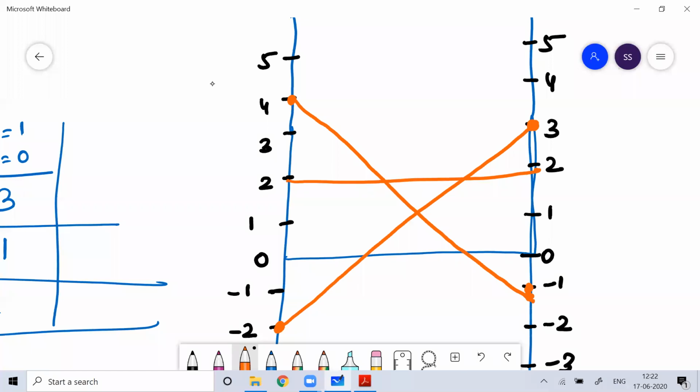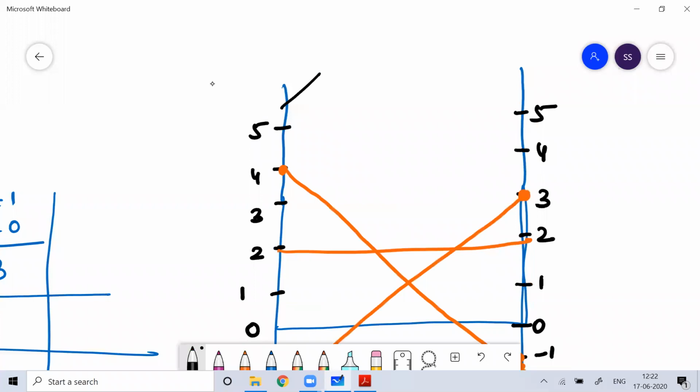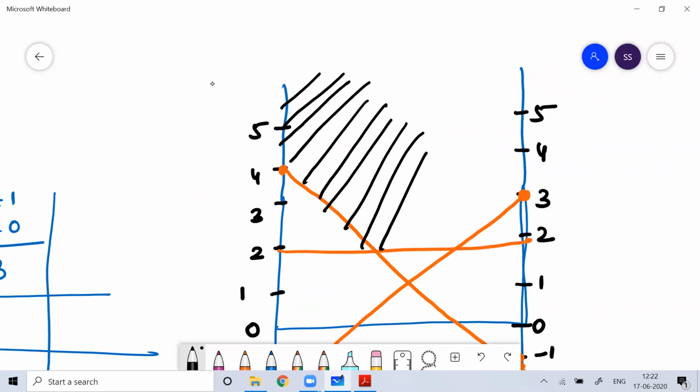So the smallest element, the critical value here. What will be the critical value? You have to apply the graph and see the critical value.